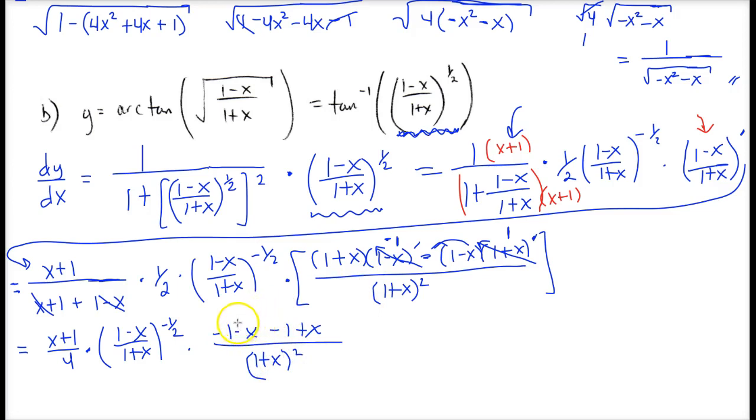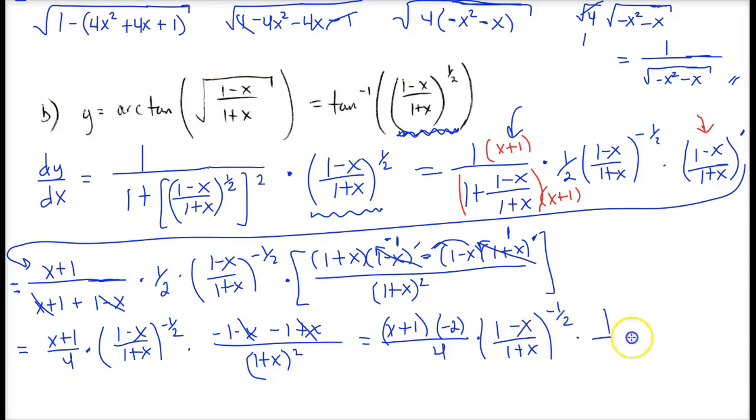And again, this minus x and x cancels to 0. And our minus 1 and minus 1 here will simplify to a negative 2. So we have x plus 1, and I'm going to bring that negative 2 over. And then we have (1 minus x over 1 plus x), all that raised to the negative 1/2 times 1 over (1 plus x) quantity squared in the denominator.